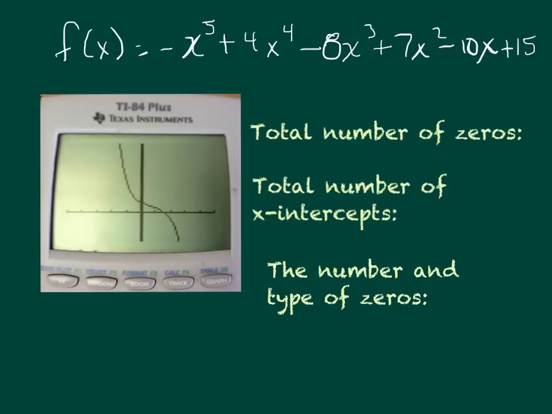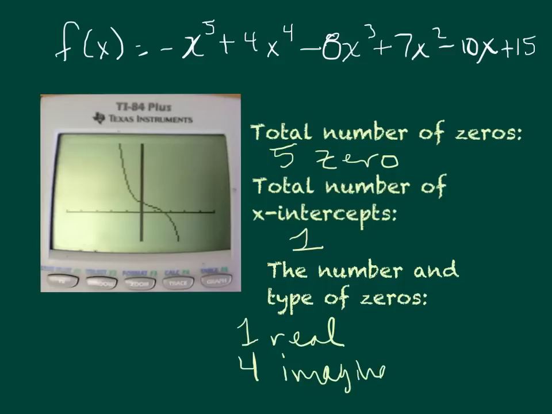Now, for an x to the 5th, we can have up to 5 zeros. The total number of intercepts is 1, which means that for the number and type of zeros, we are going to have 1 real and 4 imaginary. Because you can think that we have to have the same total number of zeros in our function, real and imaginary.